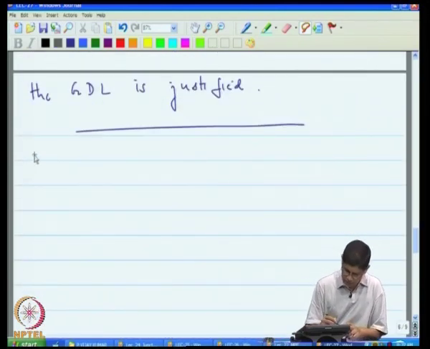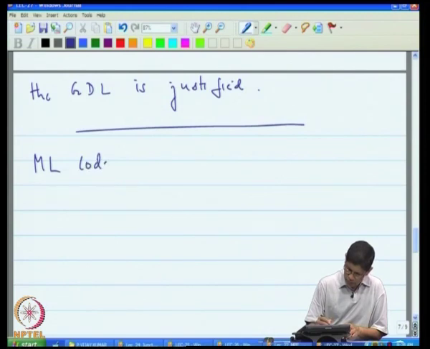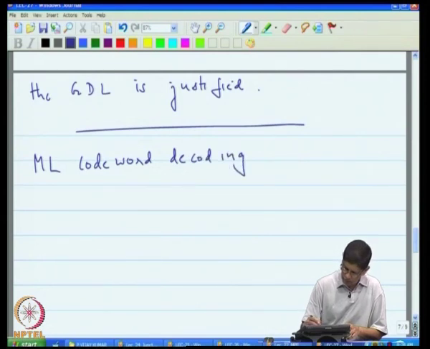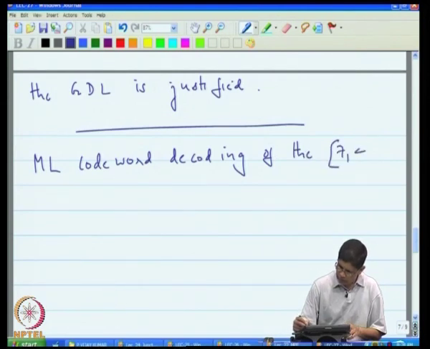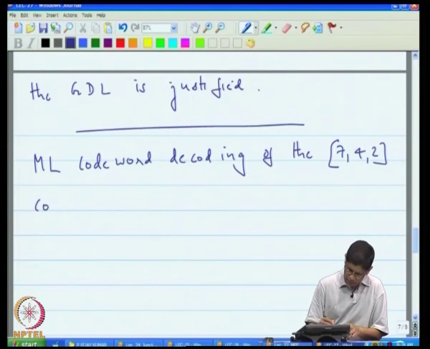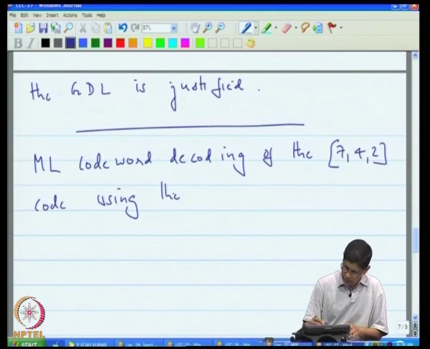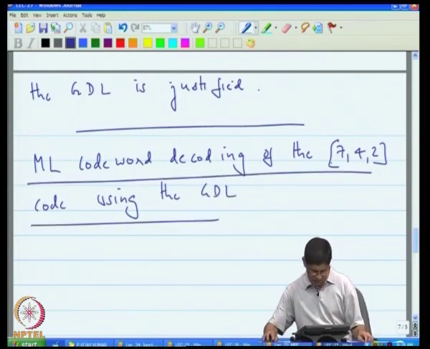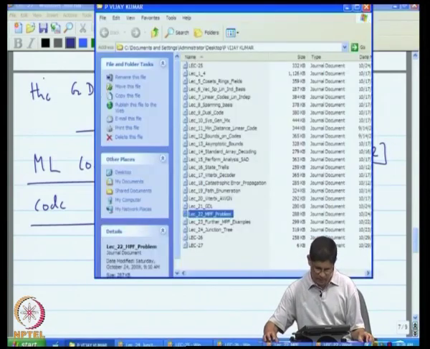And talk about maximum likelihood code word decoding of the 742 code using the GDL. And I think in an earlier lecture we had in fact set up the objective function.